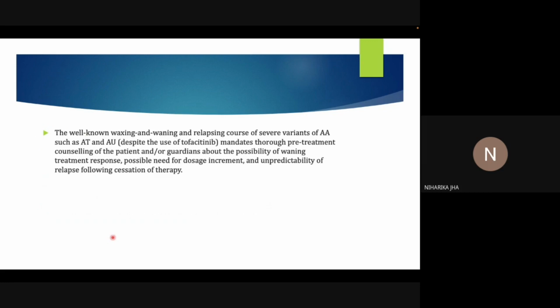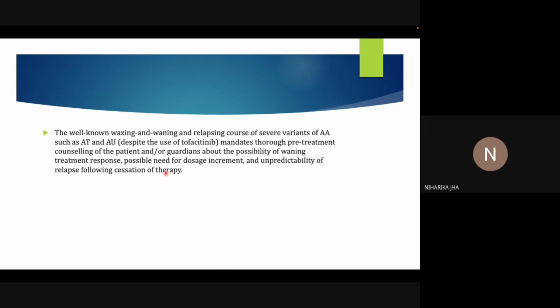Now, before starting a patient of alopecia areata on tofacitinib, it should be made very clear to the patient, with proper pre-treatment counseling, that it is a waxing and waning kind of disorder and relapses can be seen. There is no guarantee that after cessation of the therapy, the patient will never develop alopecia areata again in his or her life. So you have to make the patient aware of the unpredictability of relapse following cessation of the therapy.